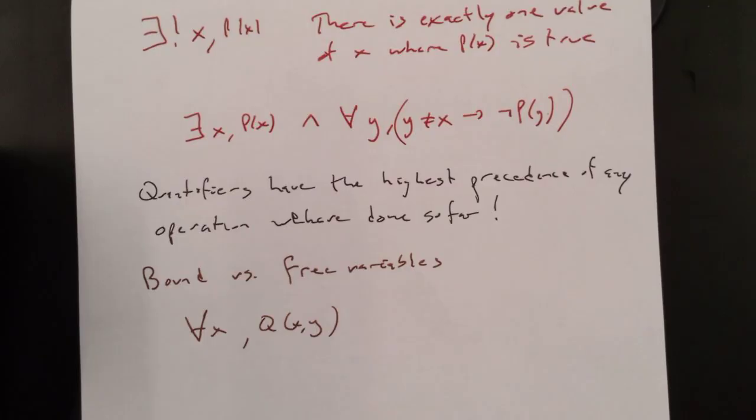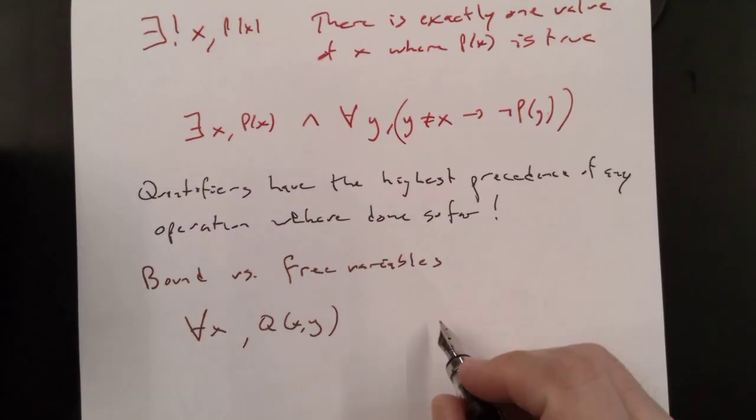I don't know what the function q of xy is, but it clearly involves two variables. My quantifier, on the other hand, is only talking about x. So in this statement, x is called a bound variable. It is bound to the quantifier. That variable is in the scope of the quantifier.